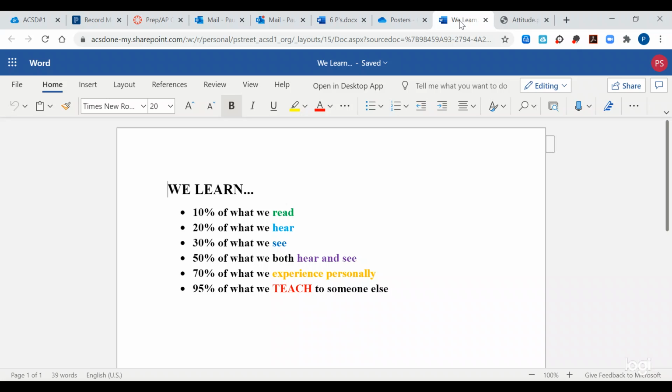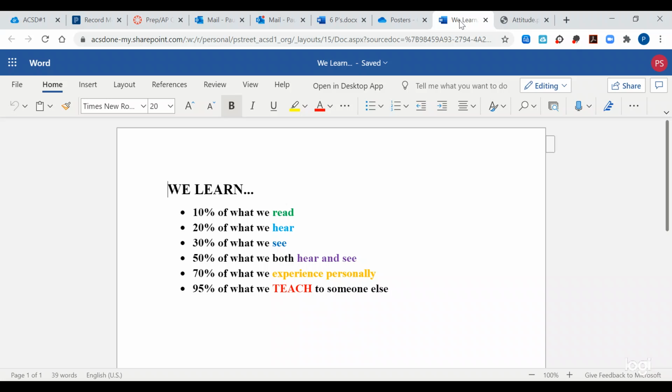When you're working with a friend or a couple friends and you ask them a question, you're giving them the opportunity to get the best learning experience of all when they turn around and teach it and explain it to you. That's what we're going to try to create as best we can, given the 6-foot spacing in here when we come to the board. We're looking for opportunities for you to explain it to somebody else, and you can try to do that also as you do your homework.